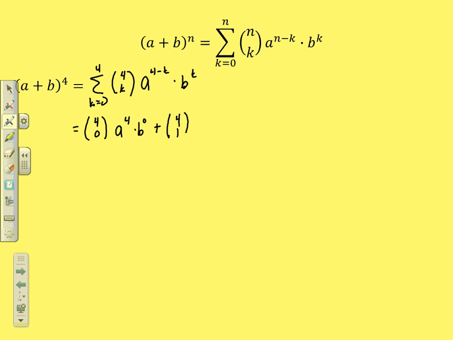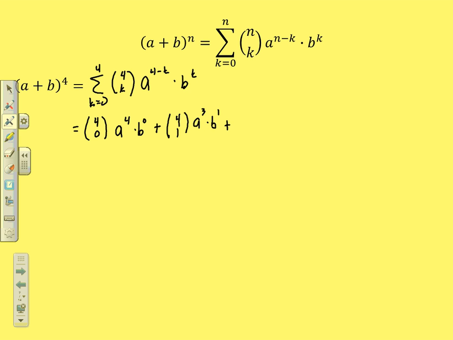And here I'm going to say a to the 4 minus k power. In this case, we're going to say 4 minus 1, which would give me 3, times b to the k power, which would be 1 in this case. And we're going to just keep going through that until we've run through the totality of our summation here.